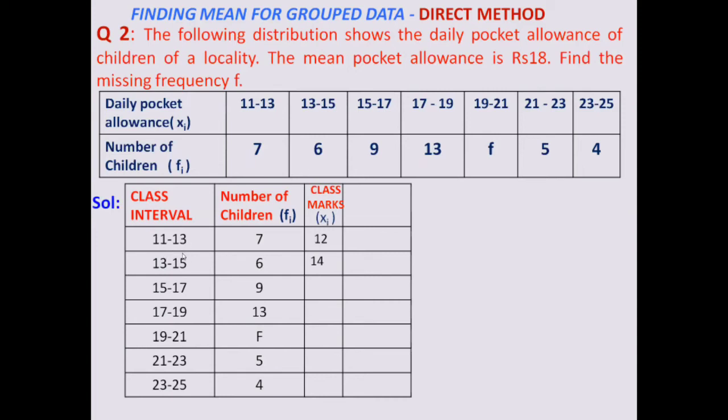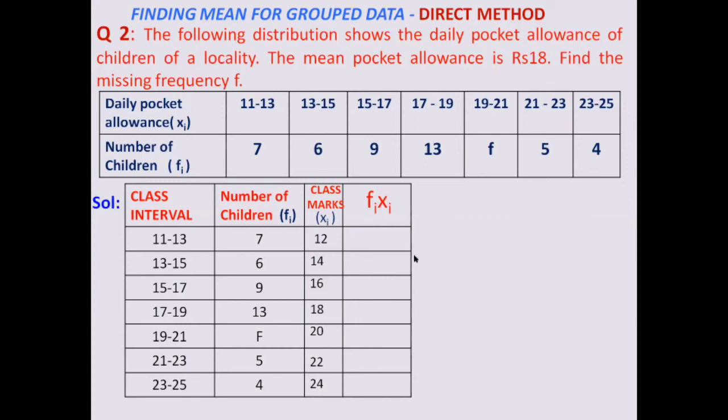We add the class size every time, and then it is easy to write. 12 plus the class size 2 is 14, again 16, again 18, again 20, again 22, next 24. Like this we fill it in. In the previous example also we did it like that. So here we have fi and xi now, and now we have to find fi xi.